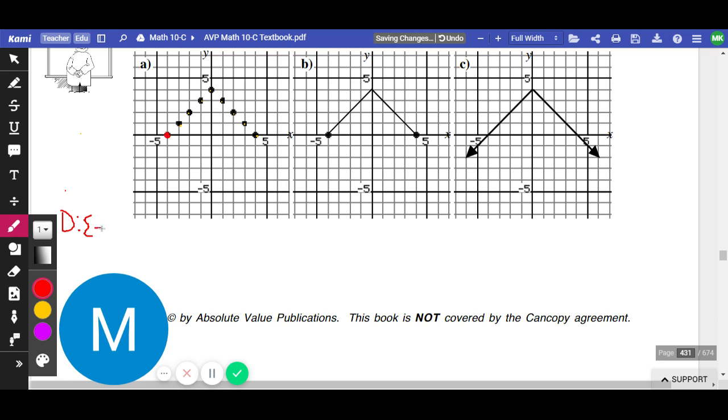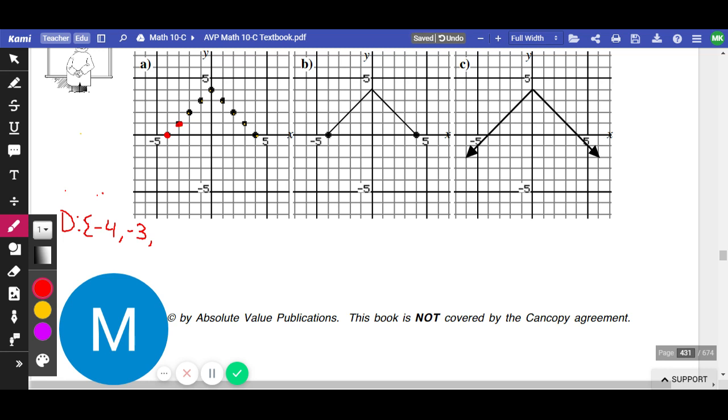It's at -4. Then I'm going to list the next lowest x value. The point with the next lowest x value would be right here. It has an x value of -3. And all I'm doing is listing the x values from lowest to highest.